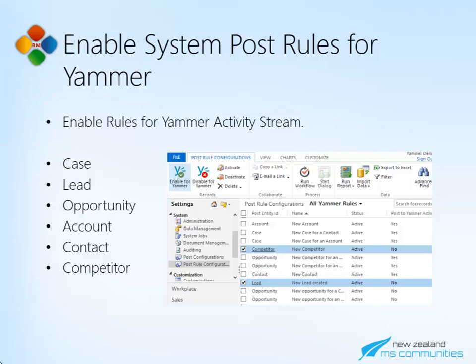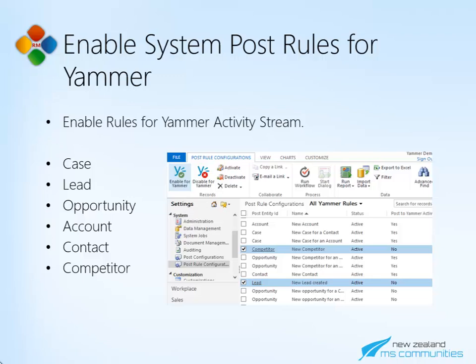So we'll select those and then click on enable for Yammer, and you'll see that in the All Yammer Rules view, you've got a column on the right that shows if it is being posted to Yammer. A couple of those will be on by default, like account, contact, lead, case. So we've just selected a couple of other ones and turned those on as well.